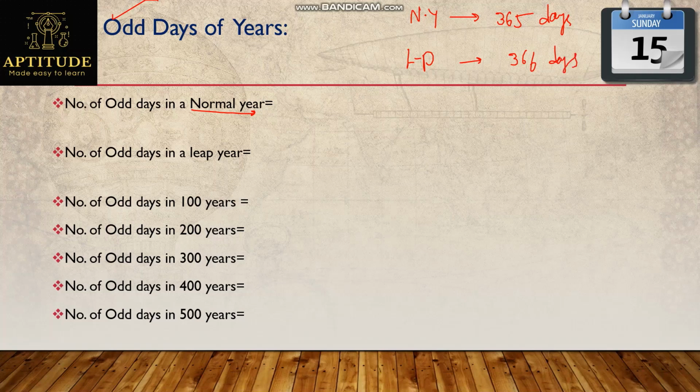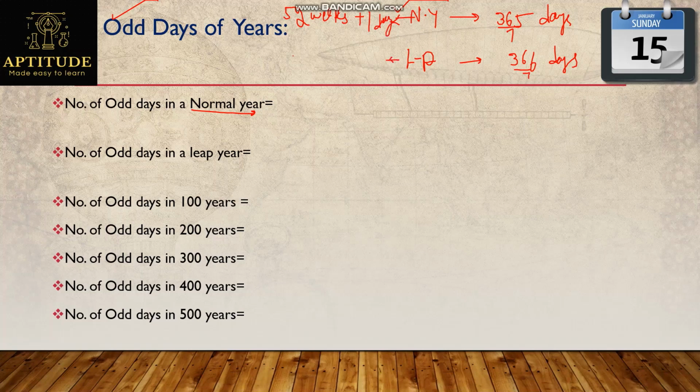How many odd days are there for a normal year? How many odd days will there be for a leap year? Simple, what we did before, just divide this value by 7 and find the odd days, or else you can remember that a normal year means you'll have 52 weeks. You can form a complete 52 weeks and one day will be left over extra.